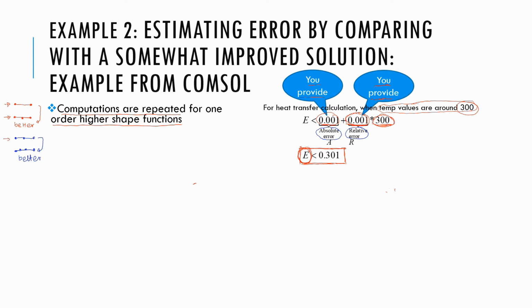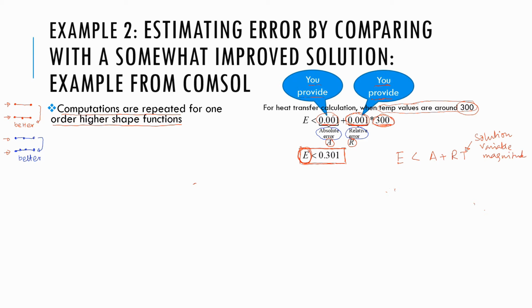Likewise, between a three-noded and a four-noded element. Symbolically, if we are calling the absolute error A and relative error R, what we are saying is E should be less than A plus R times T, where T is my solution variable magnitude, in this case the temperature.